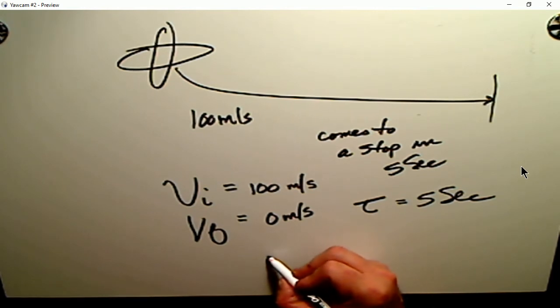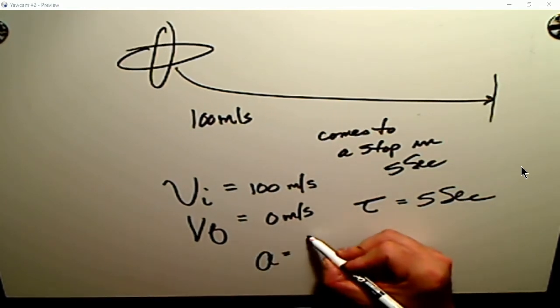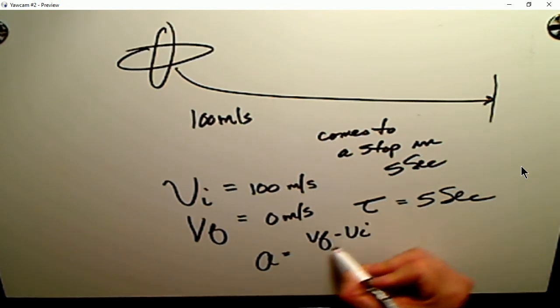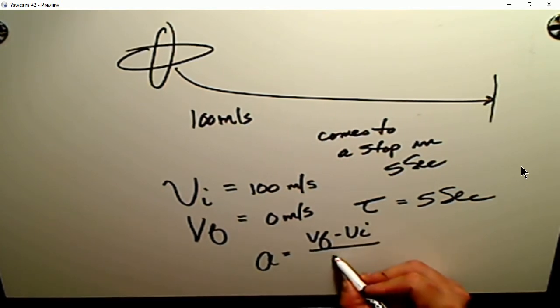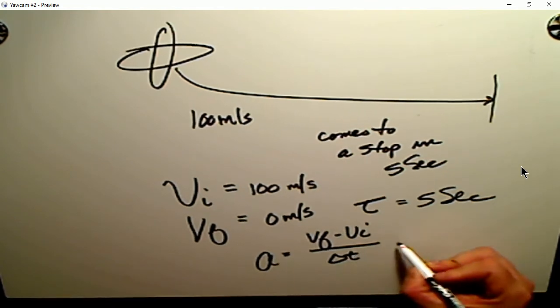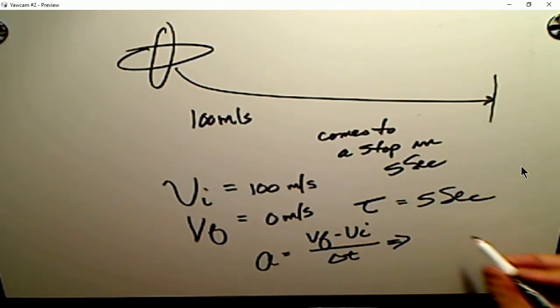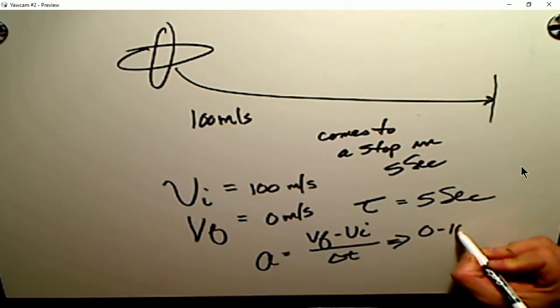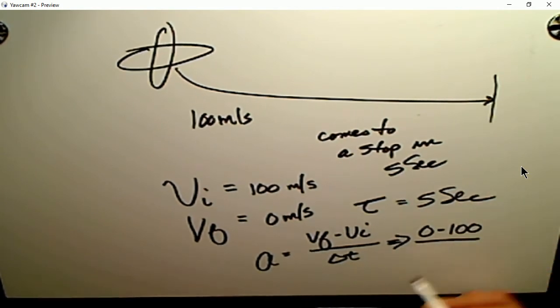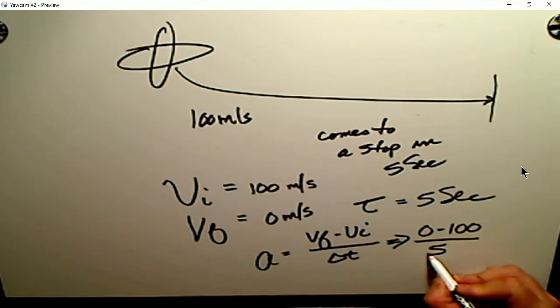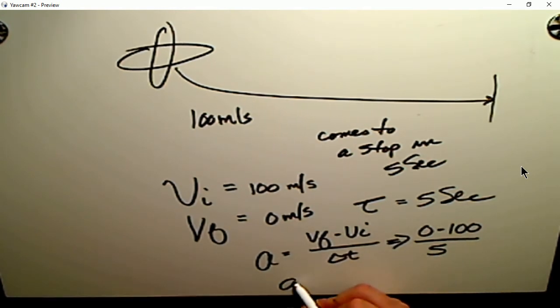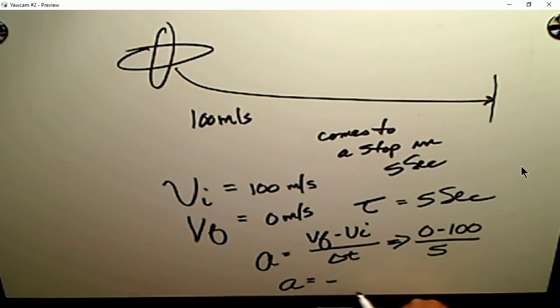So, the acceleration, which is velocity final minus velocity initial over change in time, leads us to velocity final 0 minus 100 over 5. Our acceleration is a negative 20 meters per second squared.